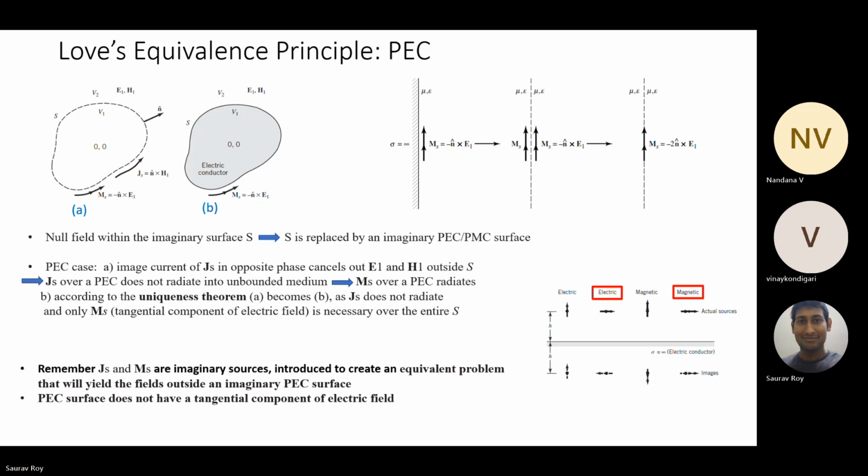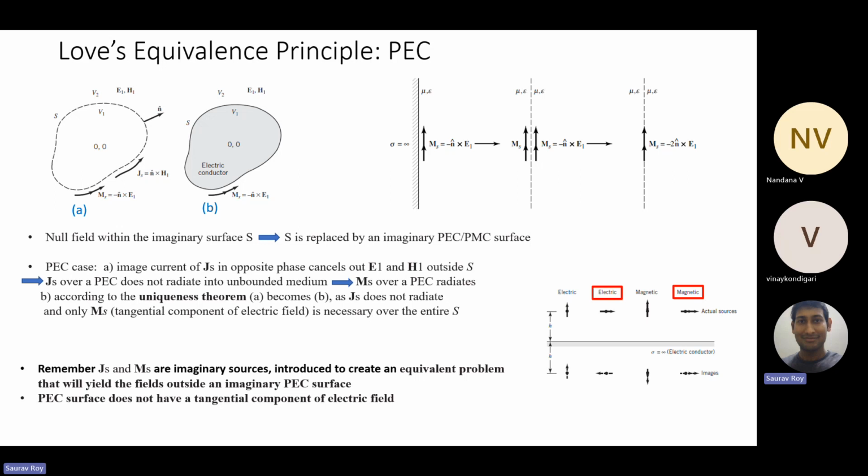So notice only these red rectangular boxes. What are the tangential sources? Because over our surface, J_S and M_S are our equivalent sources or imaginary sources, and they are tangential.